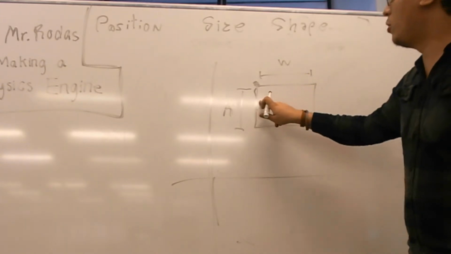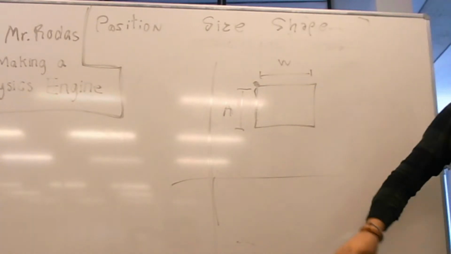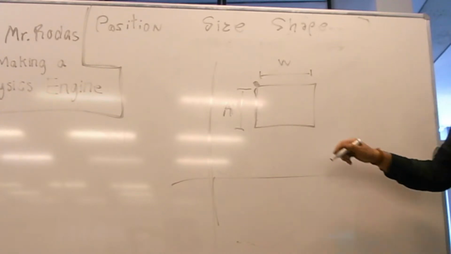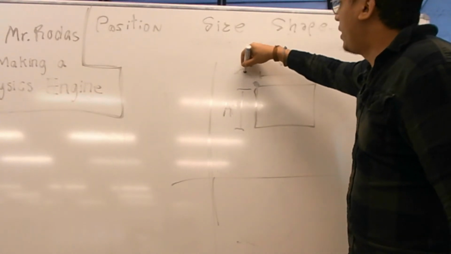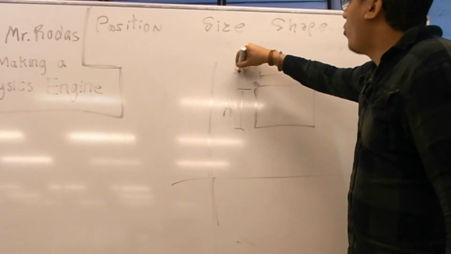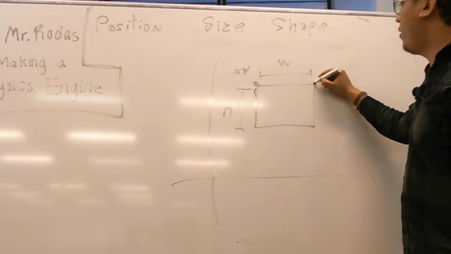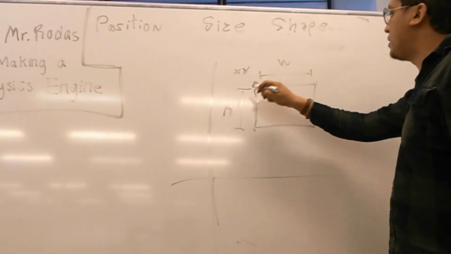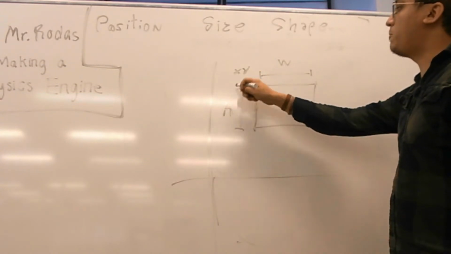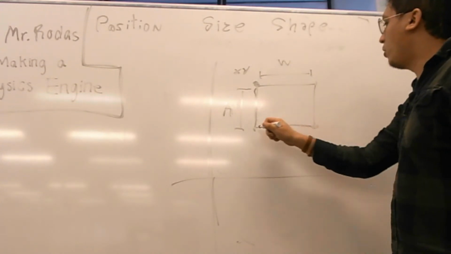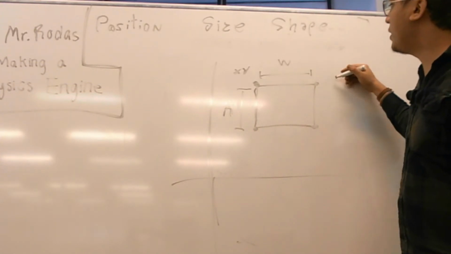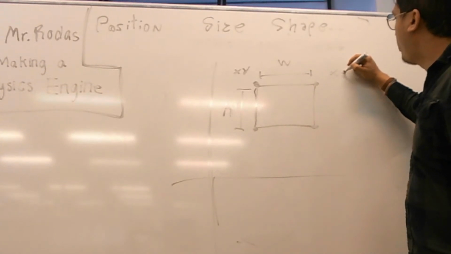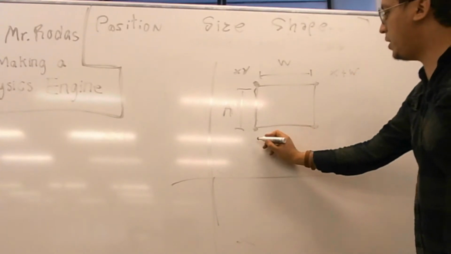Okay. So we have this, right? We know also the x and y values, right? These four values allow us to know all these other values, right? Because what is this? This is x plus w. What is this?